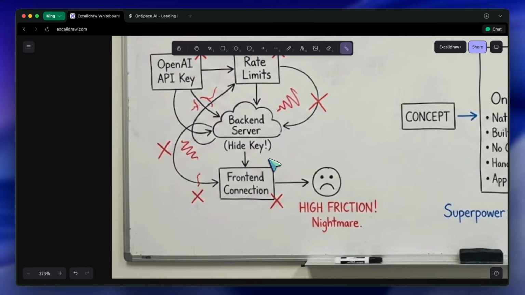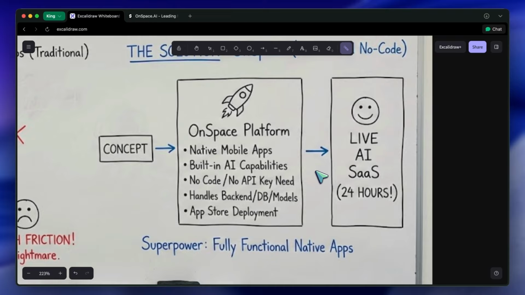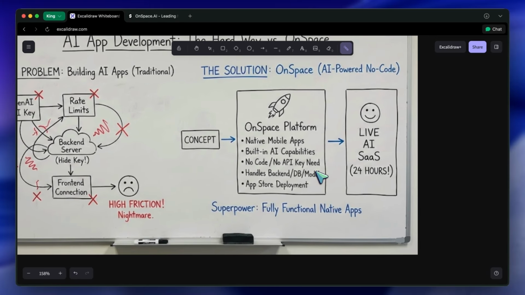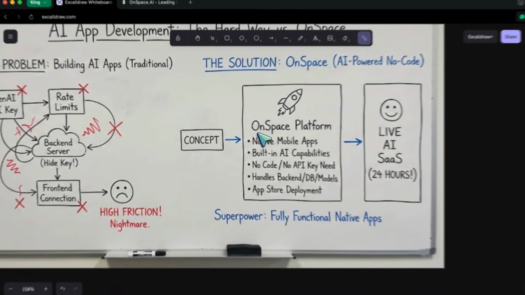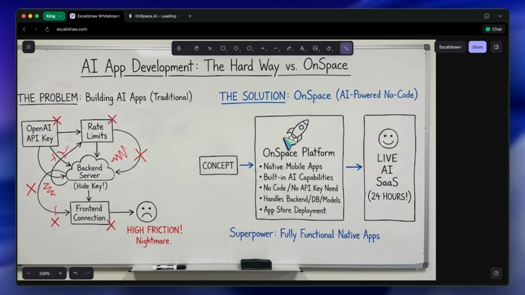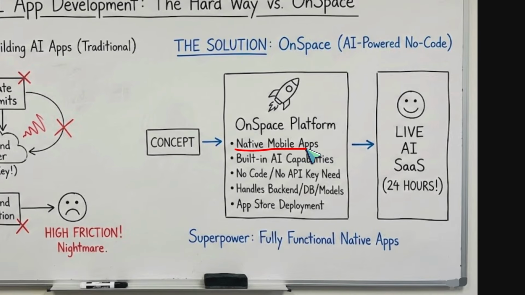But today, I have something that aims to completely solve this, and this one is called OnSpace. OnSpace is an AI-powered no-code platform, but it has a very specific superpower. It allows you to build fully functional, native mobile apps that have AI capabilities built right in. And the best part?